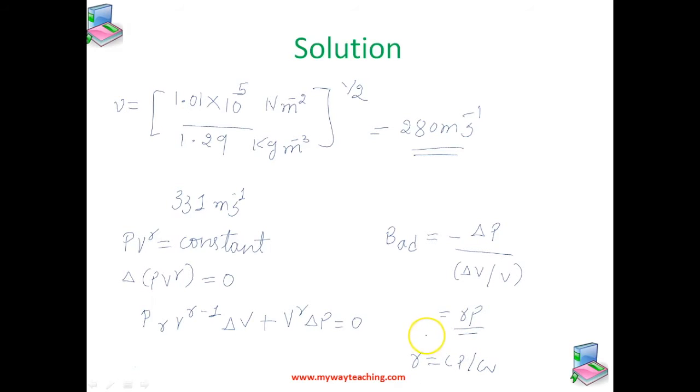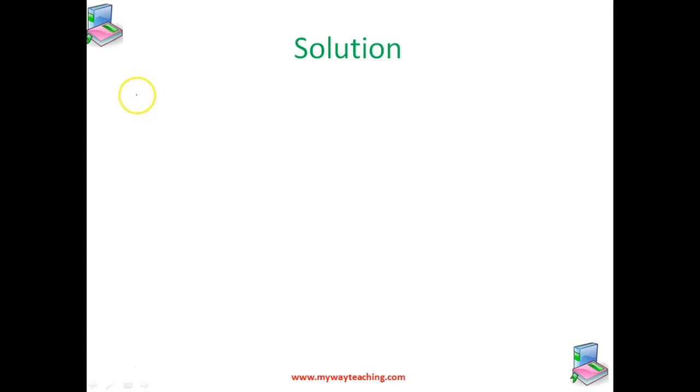And the speed of sound is therefore given by square root of gamma p by rho. This modification of Newton's formula is called the Laplace correction.